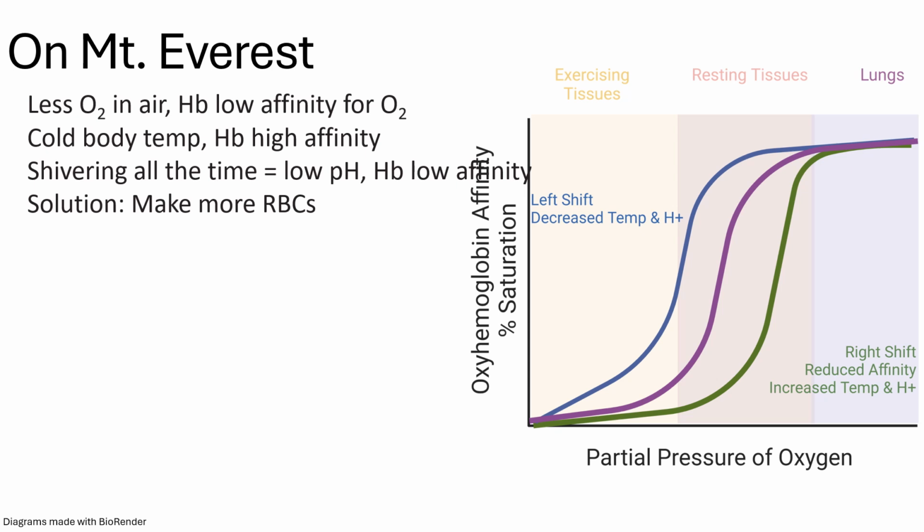Number three, you are shivering all the time because it's cold. This causes you to generate ATP and carbon dioxide at a faster rate than normal. This decreases your pH. This shifts the entire curve to the right, or the green line on the graph. This affects external respiration.